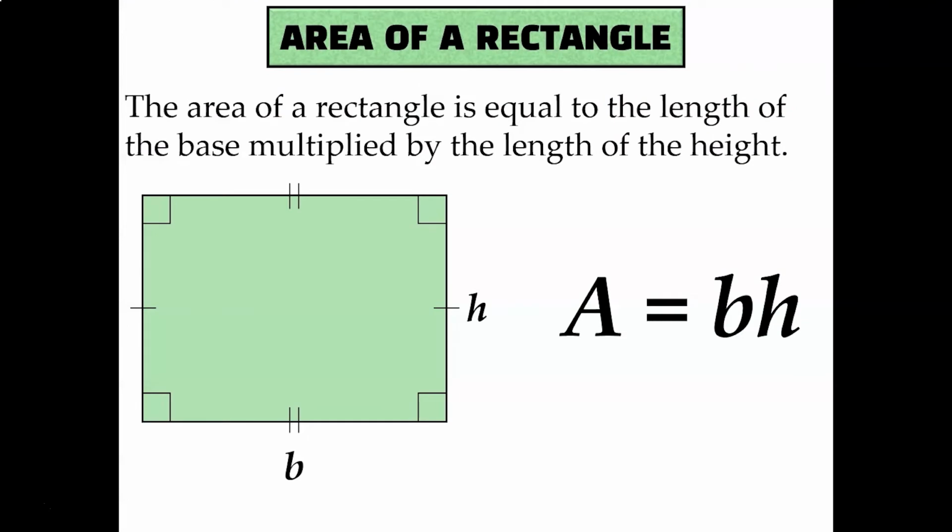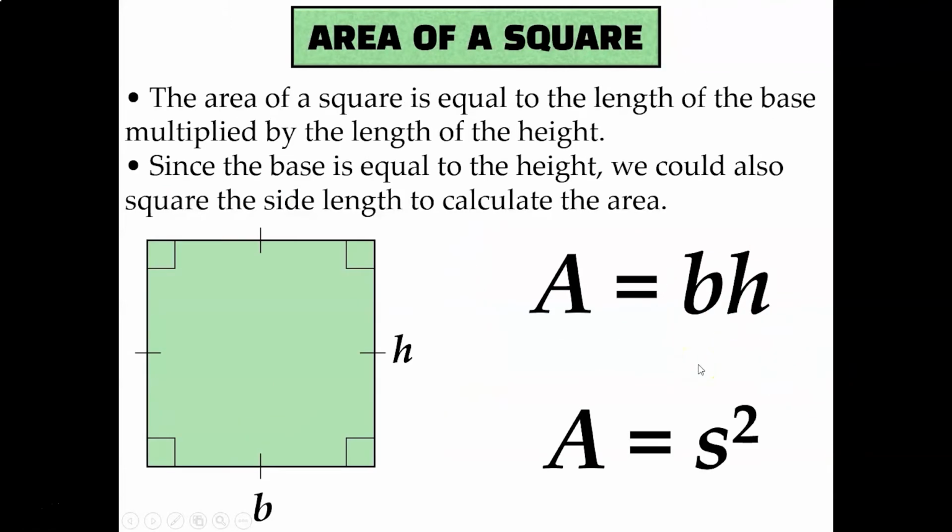Each shape has its own formula for calculating area, and they're all kind of similar because they're all kind of related back to rectangles. The area of a rectangle is equal to the base times the height. So whatever one of the sides is, multiplied by whatever the other side is, that gives you the area. The area of a square is also base times height. It just so happens that all of the sides are the same.